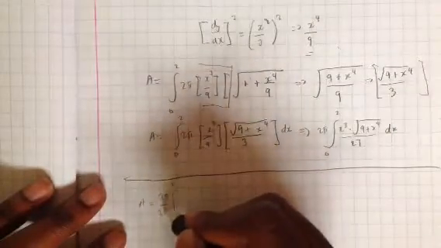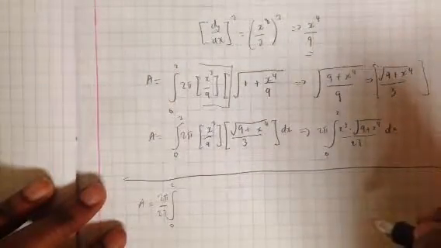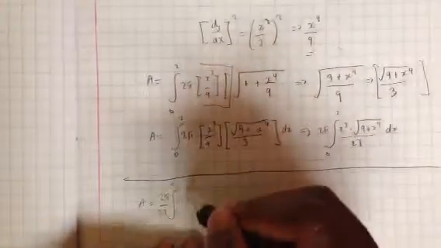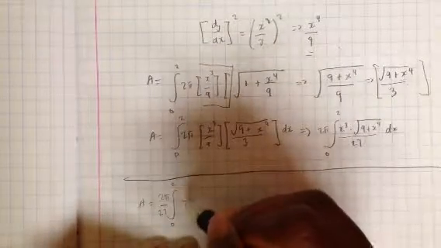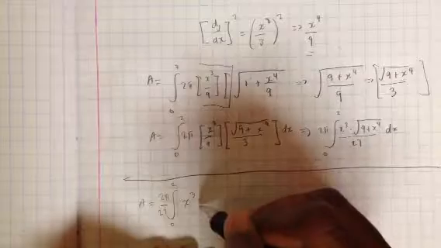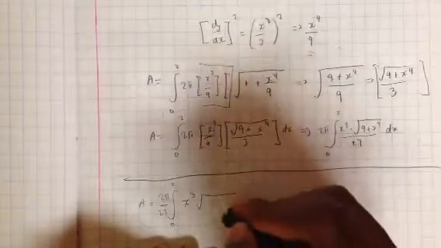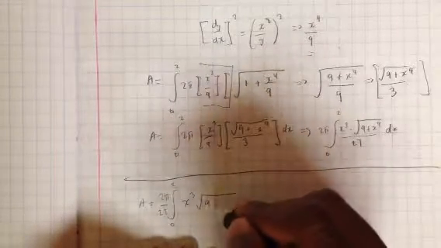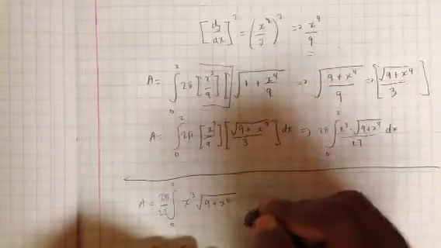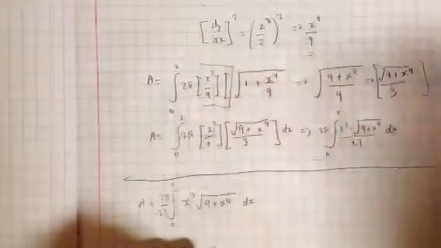We end up with 2 pi over 27, and then the integral of x cubed times the square root of 9 plus x to the power 4, dx.